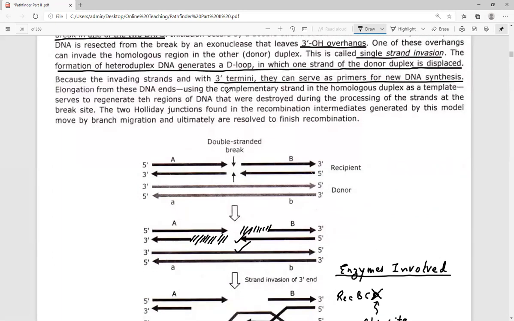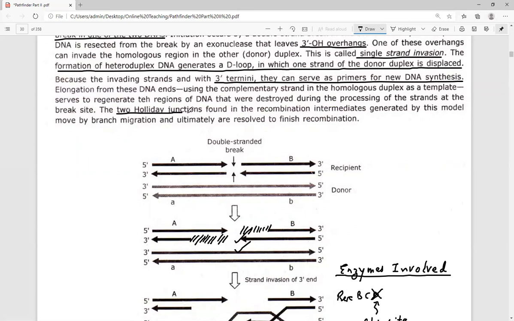Because you have a 3' OH, it will serve as a primer so that new DNA can be biosynthesized. Elongation from these 3' ends, using the complementary strand in the homologous duplex as a template, serves to regenerate the region of DNA which was destroyed during the process of the double-strand break.